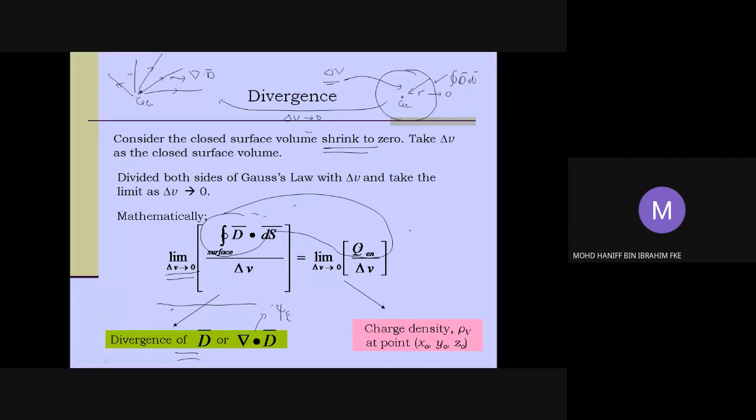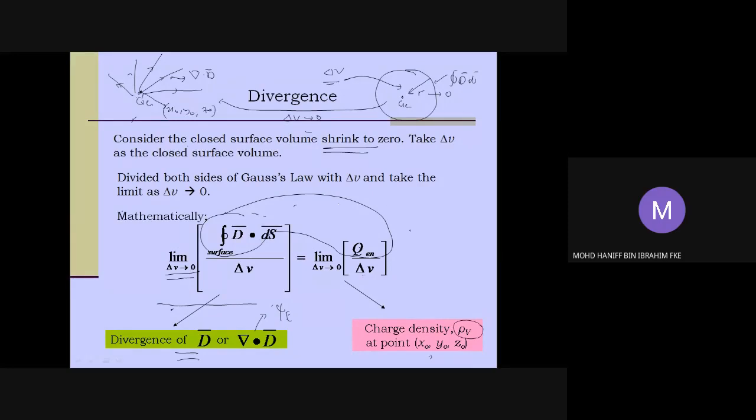because we have the ratio of the charge divided by the volume. When the charge is divided by the volume, that gives us a charge density, but this charge density is at a single point, at this particular position x0, y0, and z0.